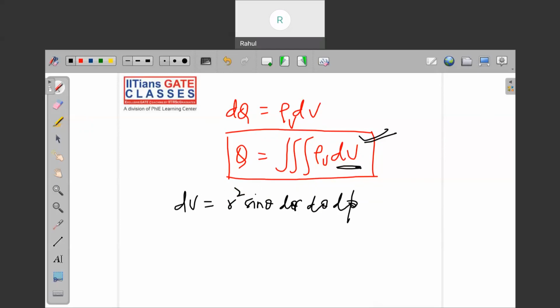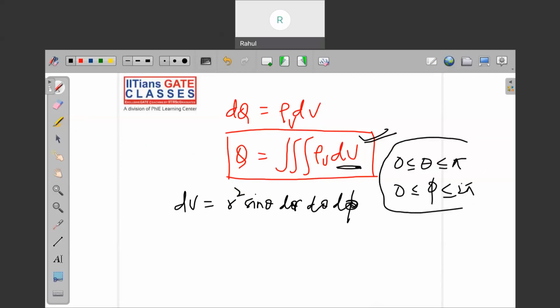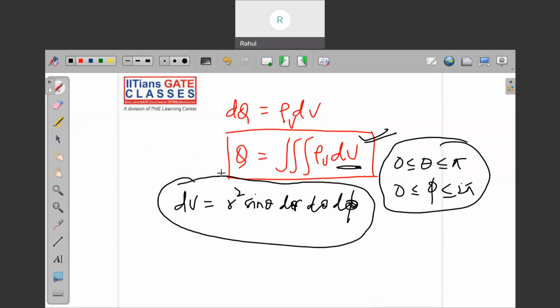If the theta range is not given, theta will range from 0 to pi, and if the phi range is not given, you can consider 0 to 2 pi. We have already discussed these things. Now you can place this dv inside this integral.